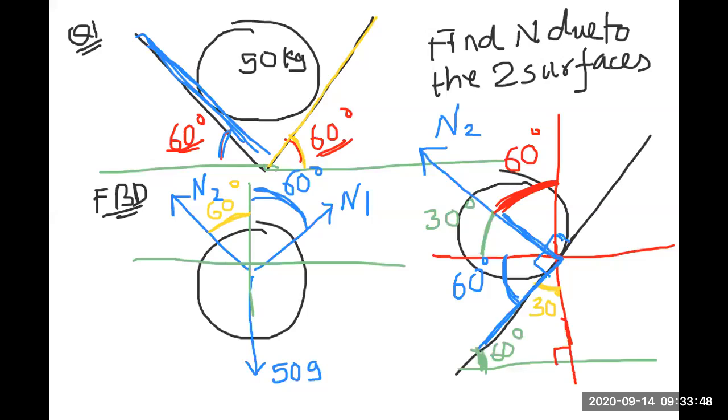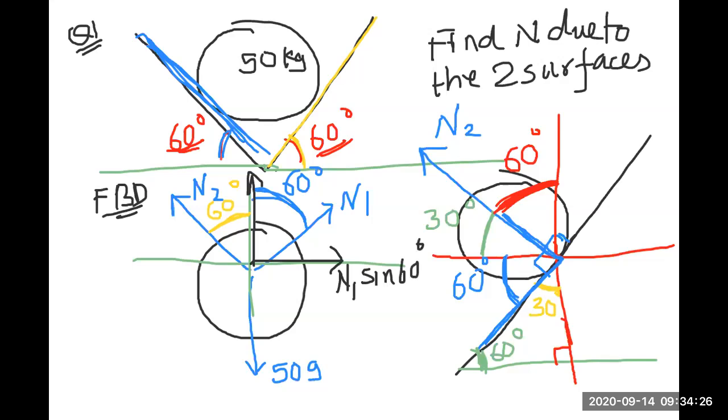Now remembering that अगर हम components की बात करेंगे, तो जो एक्सिस एंगल के साथ चिपका रहता है वो cos वाला कंपोनेंट जाता है. तो यहाँ पे ये वाला कंपोनेंट होएगा N1 का, that will be equal to N1 cosine 60 degrees and this component will be equal to N1 sine 60 degrees.